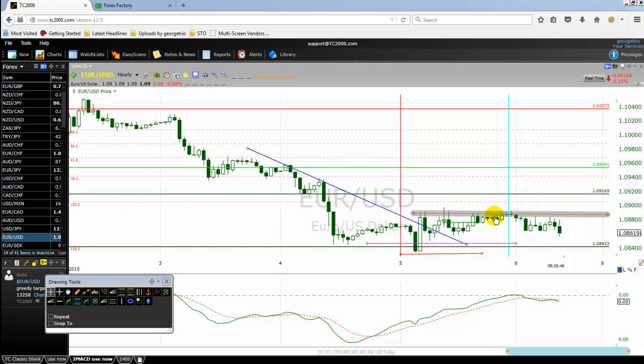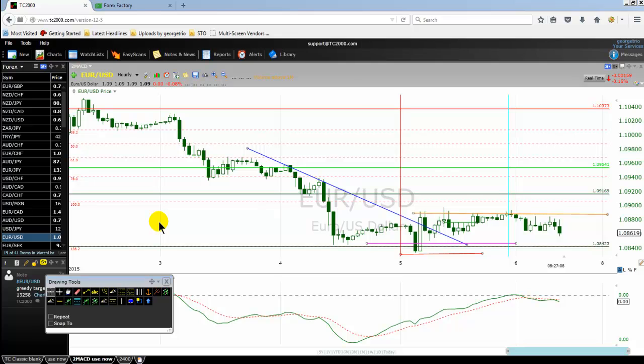In fact, we bought the euro, we didn't sell the euro, we bought it, okay, at 10890. We sold the Australian dollar and we bought the euro. So the euro did not go up very much. This is because of the impending high impact economic news that is due very shortly.